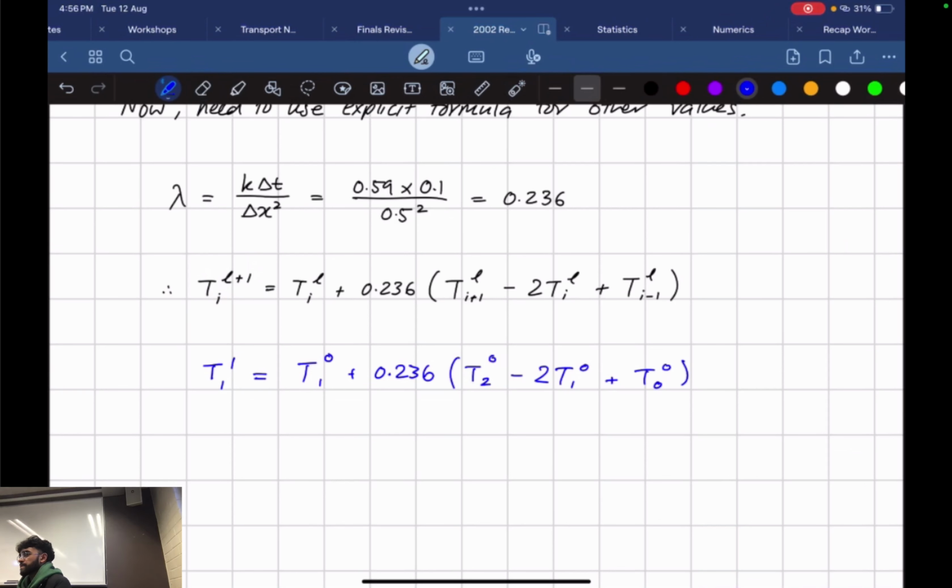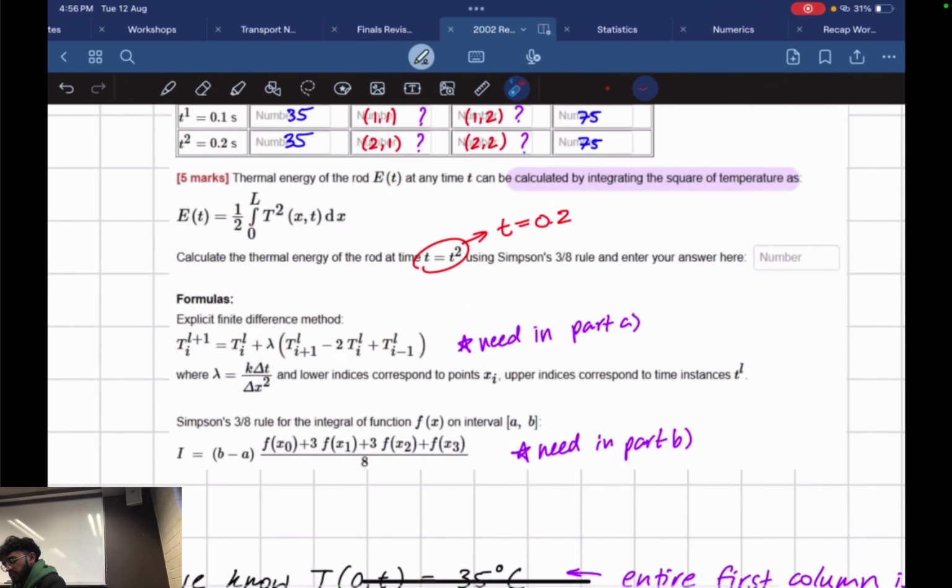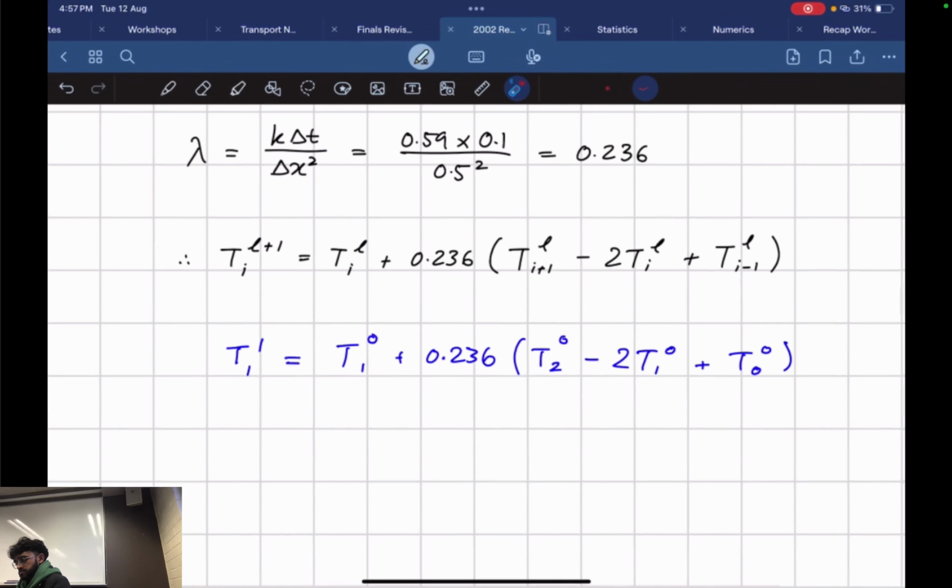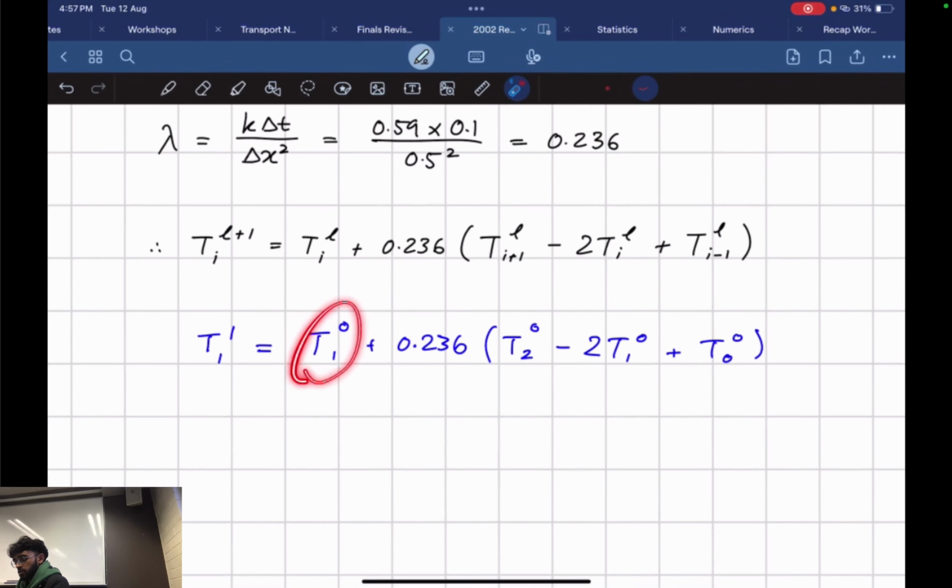Why did that 0.236? Where'd it come from? Oh yeah, it's right here. That's our lambda parameter that we have to account for. So if you go up, in the equation they give us this lambda equation. And in fact, we already know all these values as well, so you just have to sub it in.